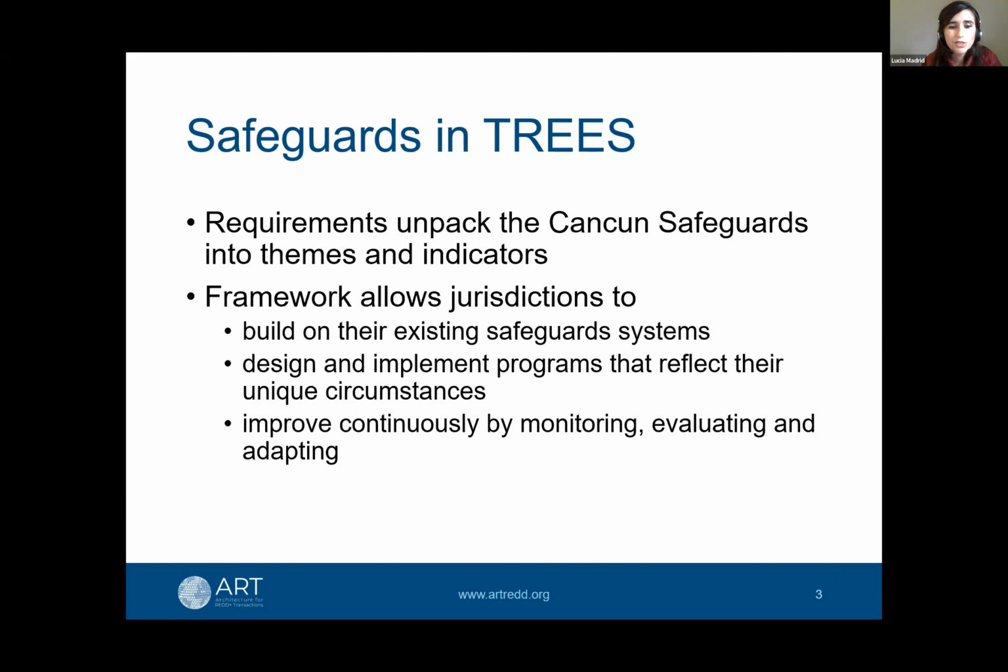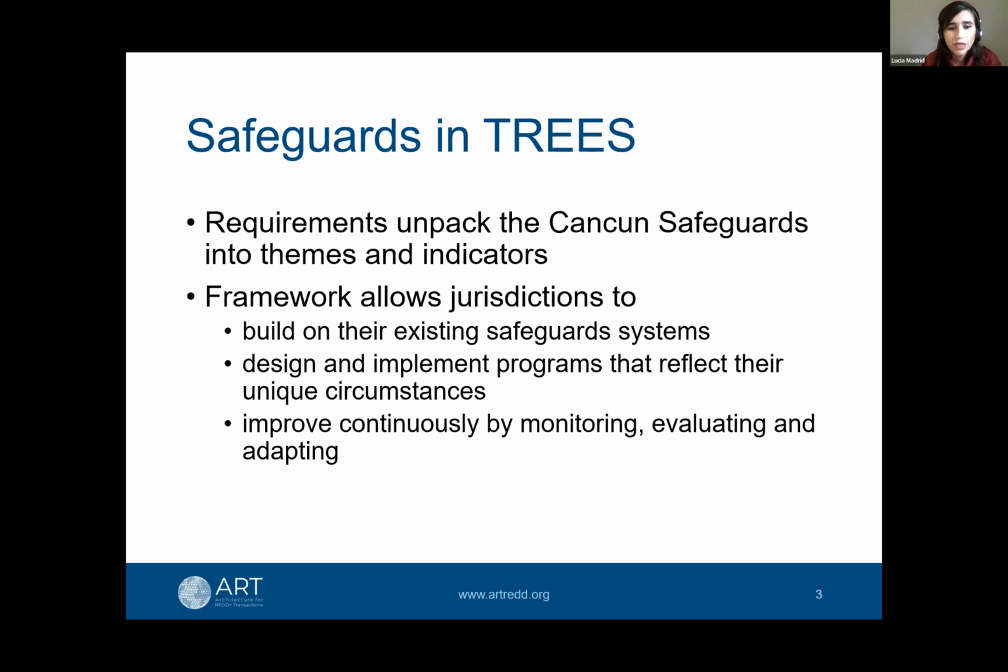We designed the requirements to be supplier friendly, allowing countries to build on their Cancun-based national safeguard systems, avoiding the development of new parallel systems only for participating with us. This means that each participant will address and respect the safeguards through laws, policies, and procedures that are appropriate to their circumstances.